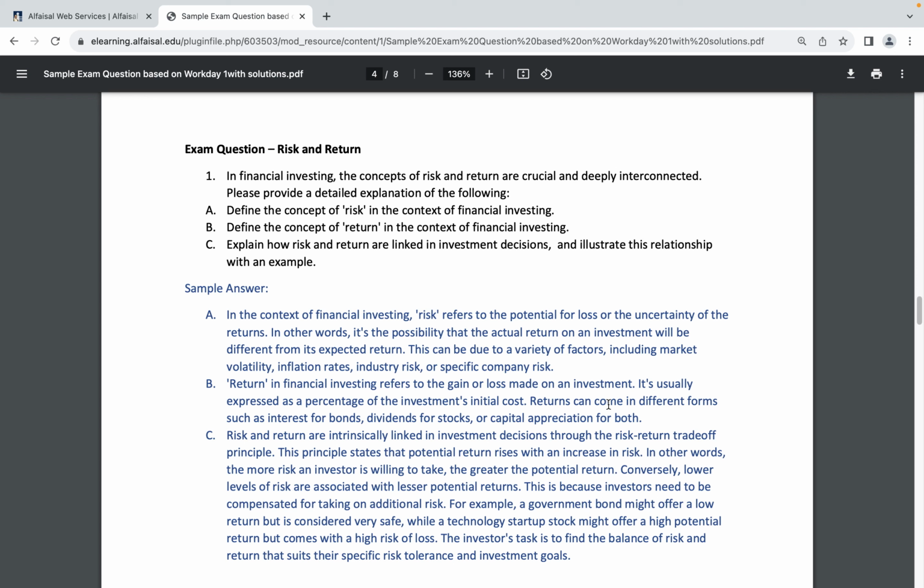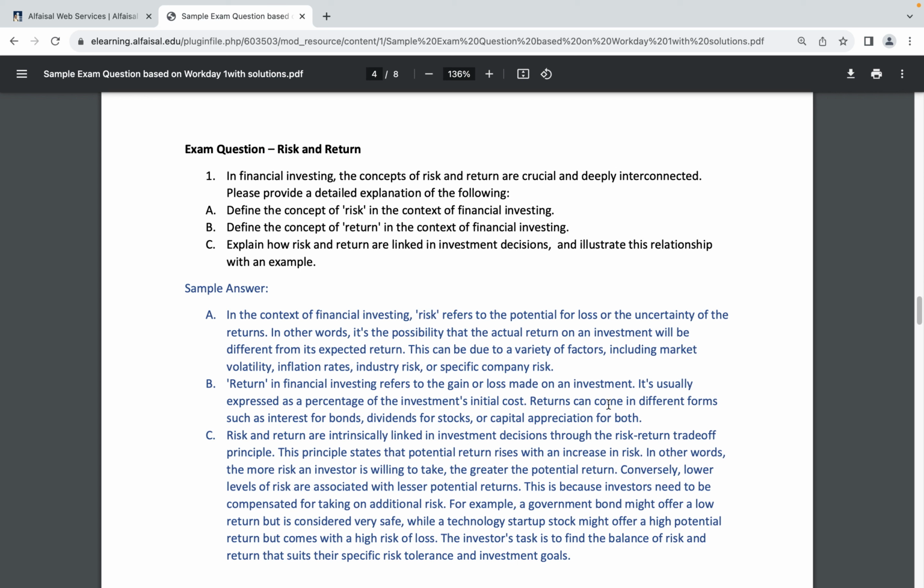Okay, so risk essentially refers to this potential either to gain quite a lot or to lose quite a lot. It's the fact that your actual return on an investment will be different from the return that you expect. Now, the degree to which it varies away from that expected return is equivalent to the magnitude of risk. In other words, the riskier something is, the further away the possibilities of getting a return are from that expected return.